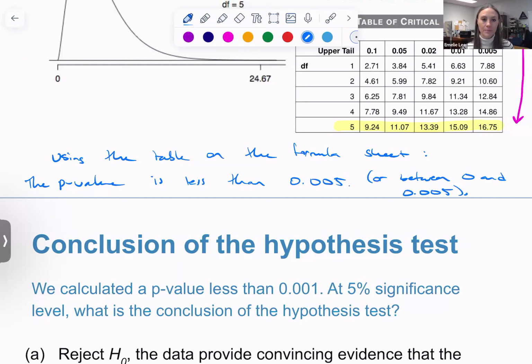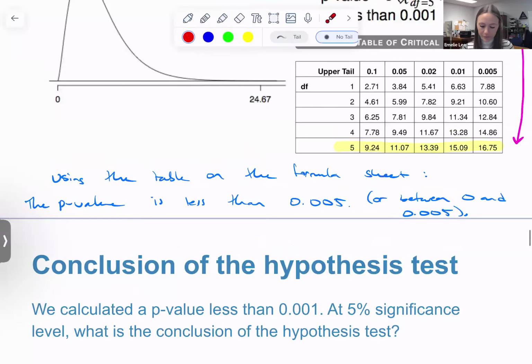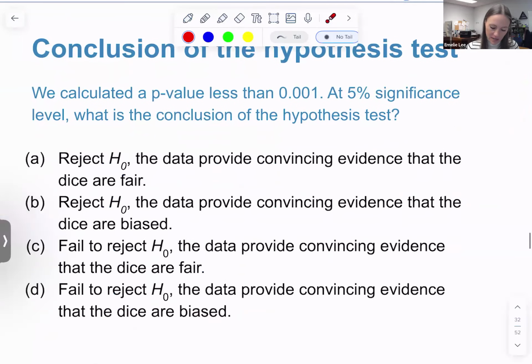That's the same. Okay? Less than 0.005 or between 0 and 0.005. That's a very small p-value. So what's our conclusion? Our p-value, I'll use the one that we did, is less than 0.005. If we had a bigger table, we could get even more precise, but that's okay.